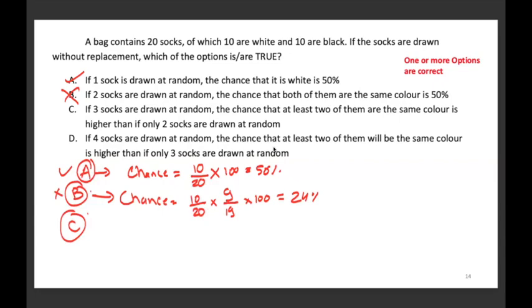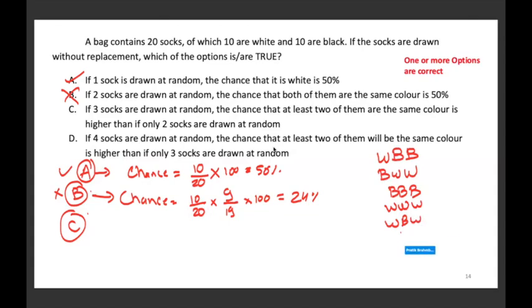If 3 socks are drawn at random, the chances that at least two of them are the same color is 50%. Now in the third part, you are drawing 3 socks and then your 2 colors. So the possibilities क्या होंगे आपके? White, black, black, or black, white, white, or black, black, black, or white, white, white, or it can be white, black, white, anything, whatever.